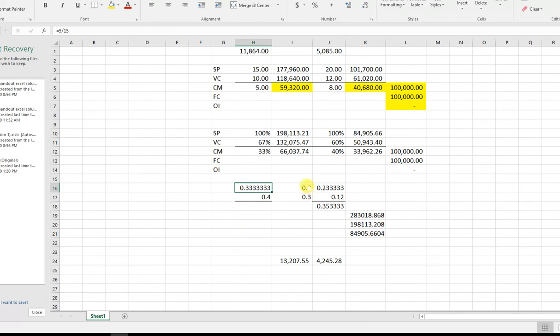So basically what I've done here is solve using the sales mix, fixed cost divided by contribution margin, and when I add them together, instead of getting 0.35, it's actually 0.3533333. Otherwise, I wouldn't come quite down to 0, and I'll see if I can change it here in just a second. But instead of 285,714, I get 283,018.